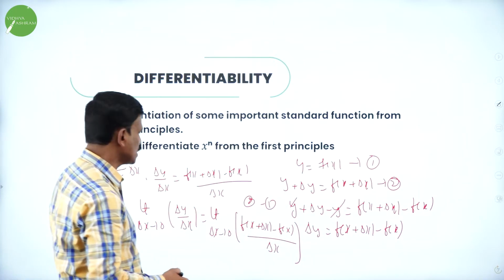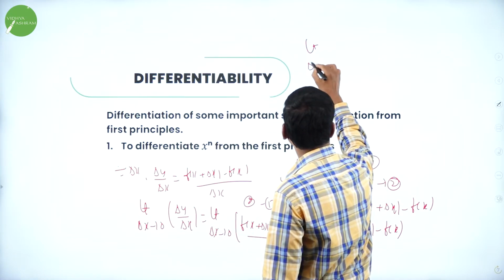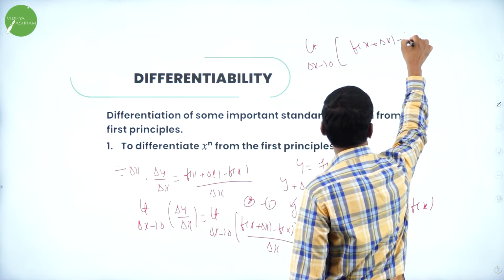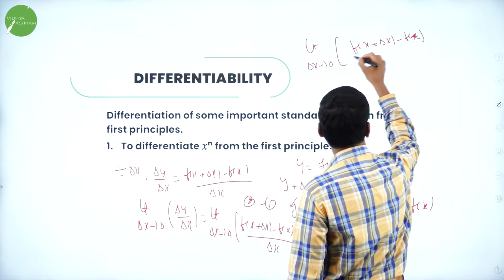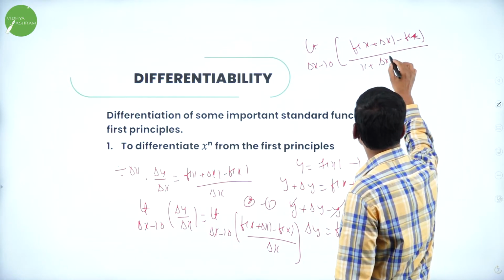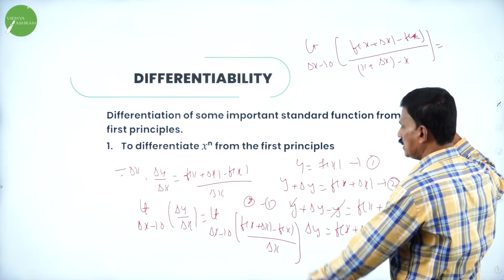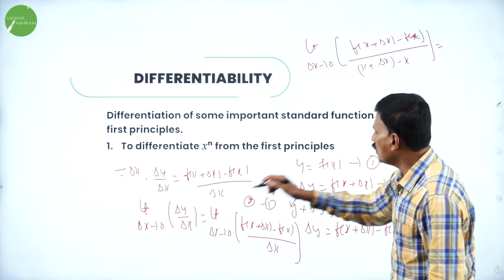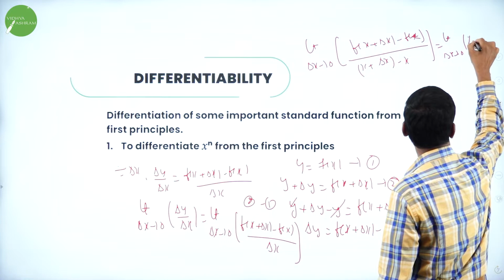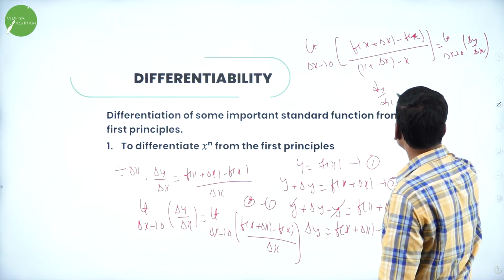If this limit exists, for this delta x we can just add and subtract x, giving x plus delta x minus x. If this limit exists, then on the left hand side, limit delta x tends to 0 of delta y by delta x, we are going to get dy by dx.